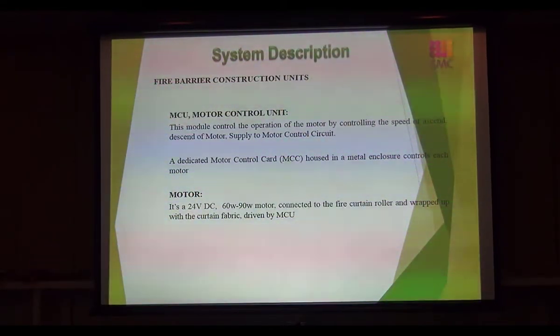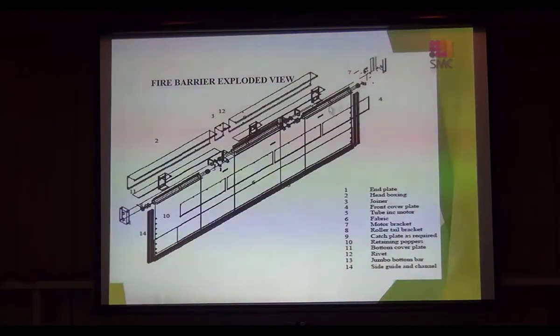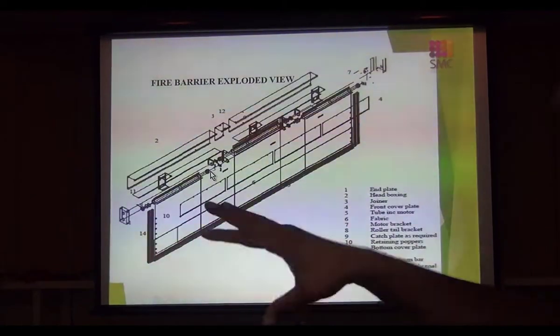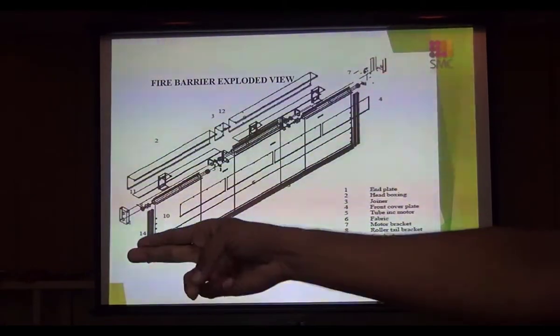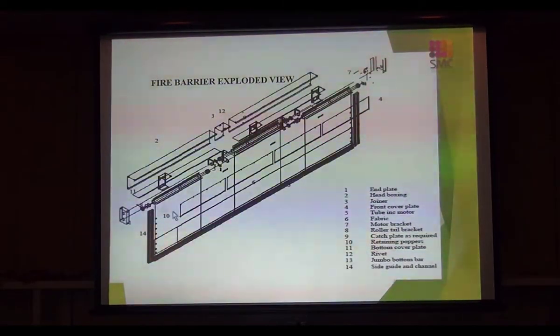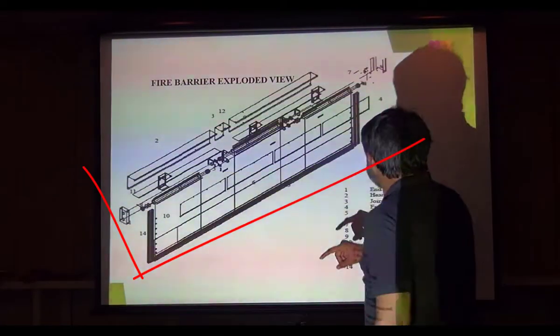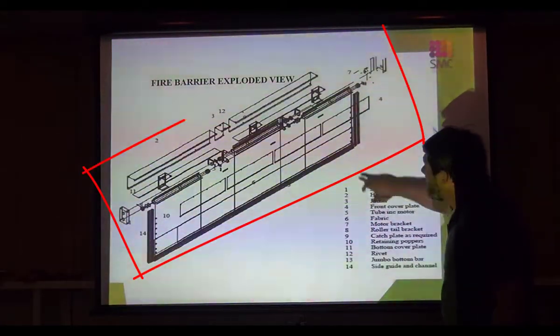Sorry, it's not that clear, but from the manual they make it also in the manual. So these are the basic end plates. This is the construction of the head box. You can see there is a diagram.